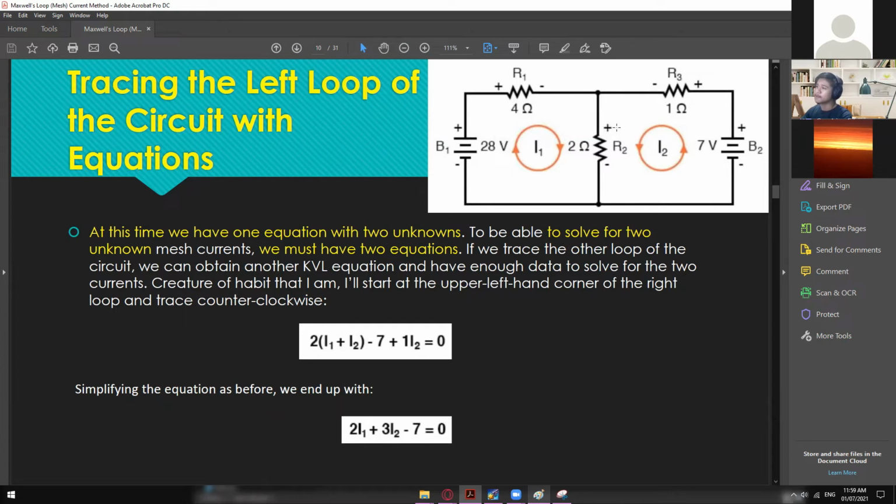We have resistor 2 times I1 plus I2, since they have the same flow of current. Then it will give you negative 7, and then positive I2 times 1. After that, you can distribute this 2 right here, and it will give you this one as your final equation.